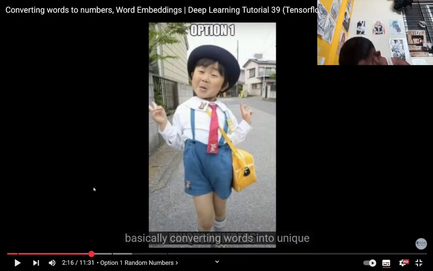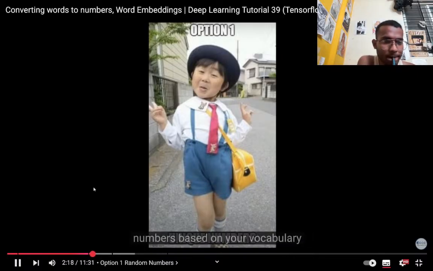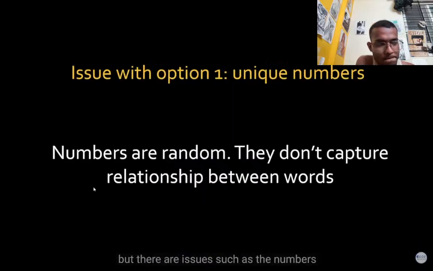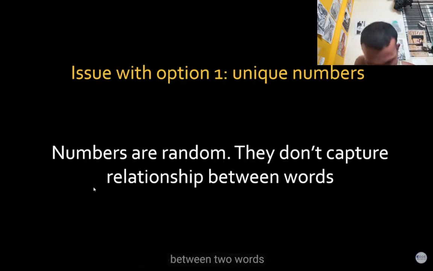Direct key mapping. Converting words into unique numbers based on your vocabulary. But there are issues such as the numbers are random. They don't capture the relationship between two words.